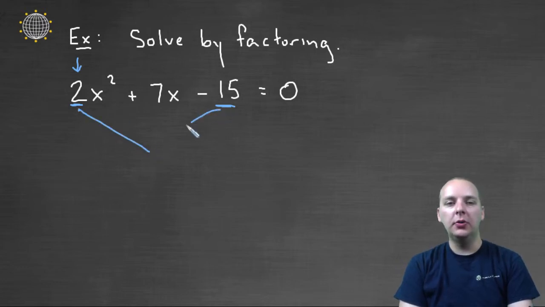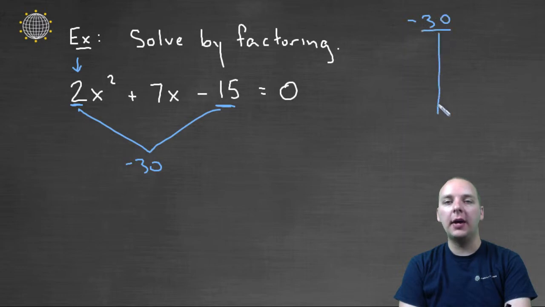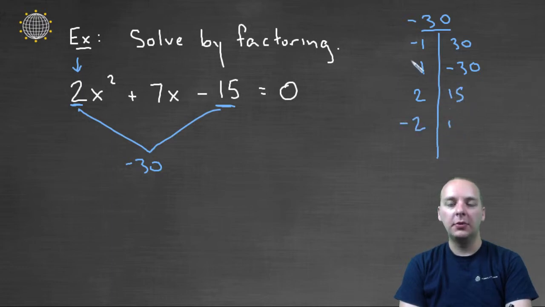So what we're going to do is we'll take 2 and negative 15, and multiply them to get negative 30. And then I'm going to look for all the different factorizations of negative 30. We've got negative 1 times 30 and 1 times negative 30. I've got 2 times 15, and I have negative 2 times positive 15, or 2 times negative 15.